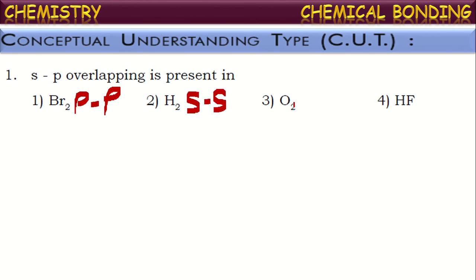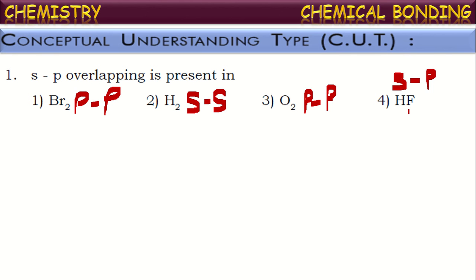What about the oxygen molecule? Both the oxygen atoms form two covalent bonds between them by pp overlapping, because both the oxygen atoms have unpaired electrons in their p orbitals. But if you see the HF molecule, hydrogen has a half-filled atomic orbital, that is the s orbital, whereas fluorine has a half-filled p orbital.